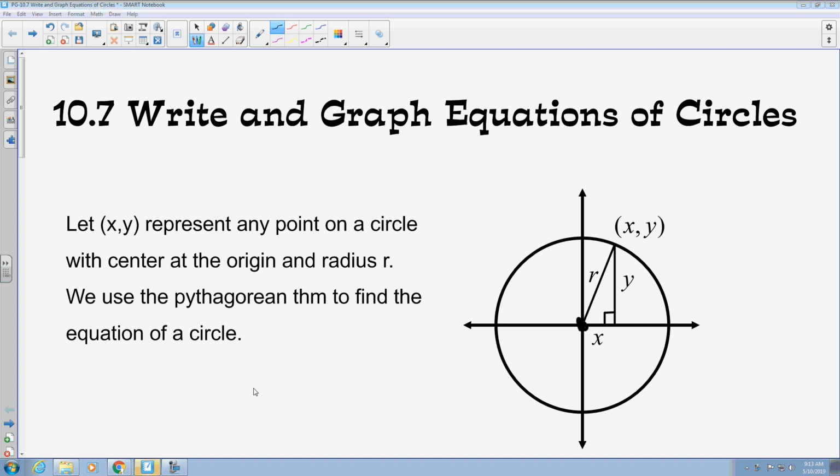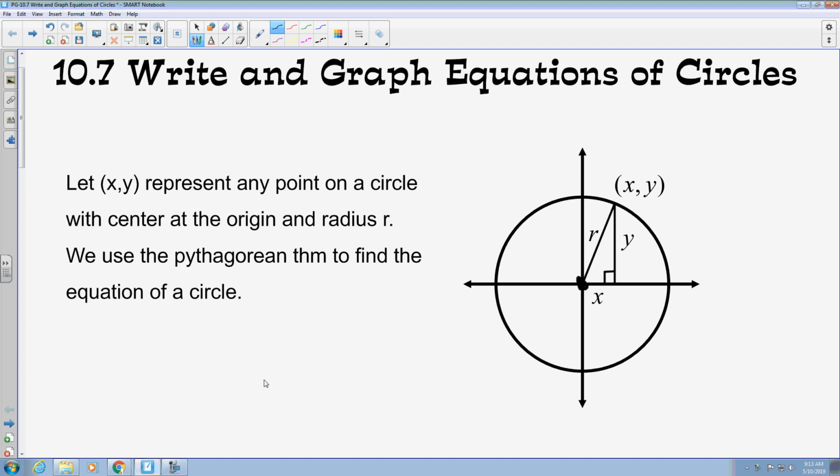So the Pythagorean theorem was a squared plus b squared equaling c squared. What we have here is a right triangle with one leg as x, so we'll call that a. So this is going to be x squared plus the other leg of this right triangle is a value of y, so we'll call this y squared.